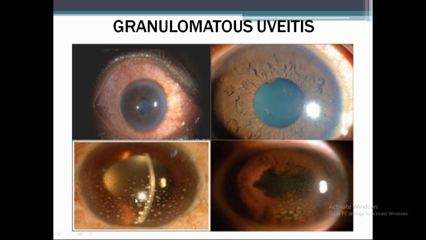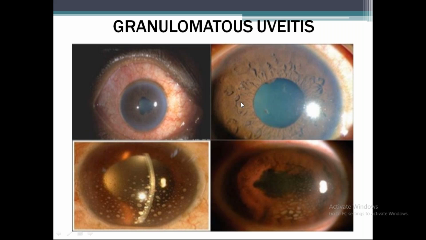You can see here big KPs. KPs are nothing but keratic precipitates which are present on the endothelial side of the cornea.